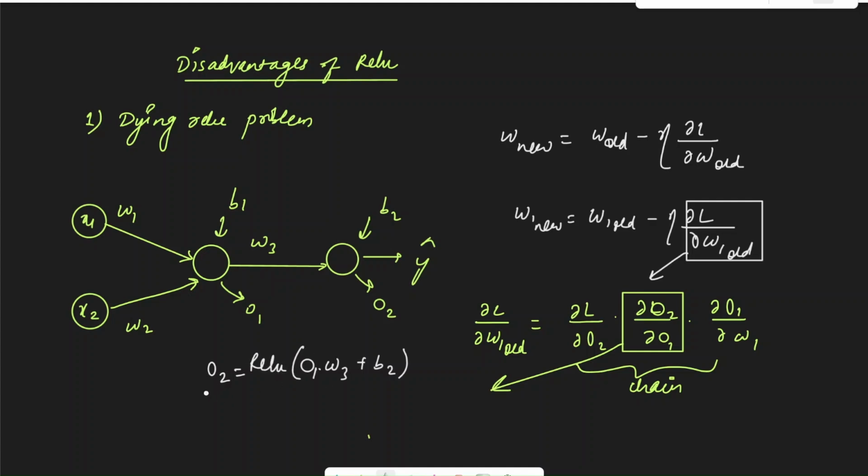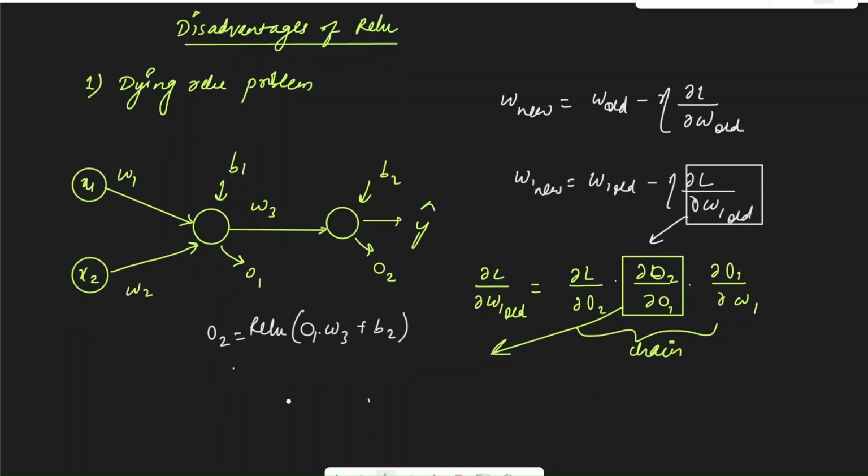So this will be the final output O2. Now again, we can rewrite this derivative of O2 with respect to O1 as the derivative of ReLU of O1 multiplied by W3 plus B2, divided by the derivative of O1 with respect to O1. So this is exactly what this equation is.